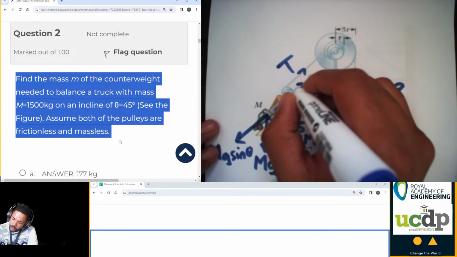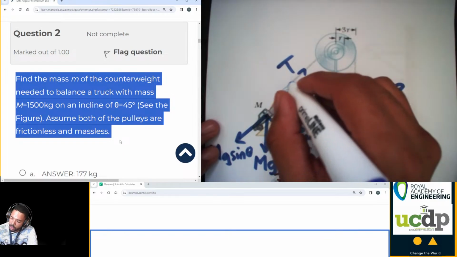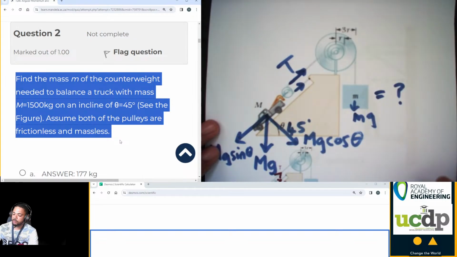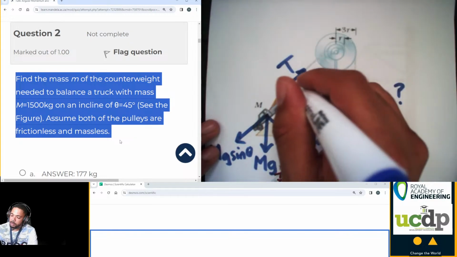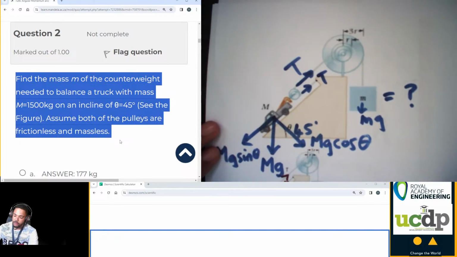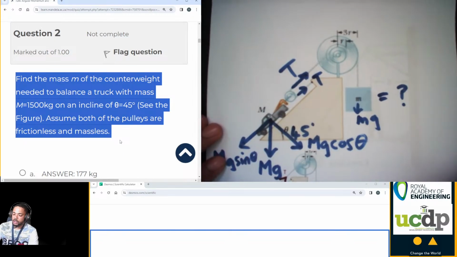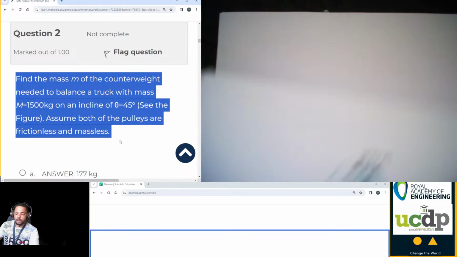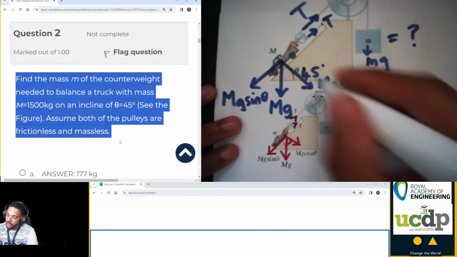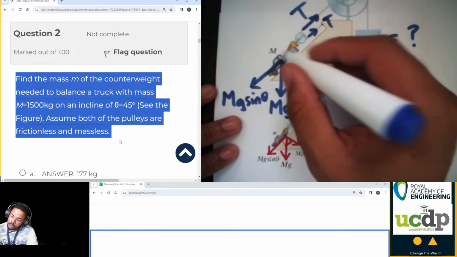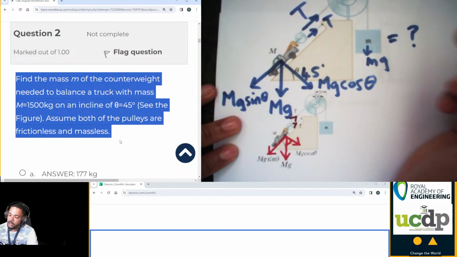This part of the rope has tension, and this part of the rope also has the same tension, T. In order for this buggy to be balanced, all the forces in the perpendicular direction must be equal, and all the forces in the parallel direction must be equal.